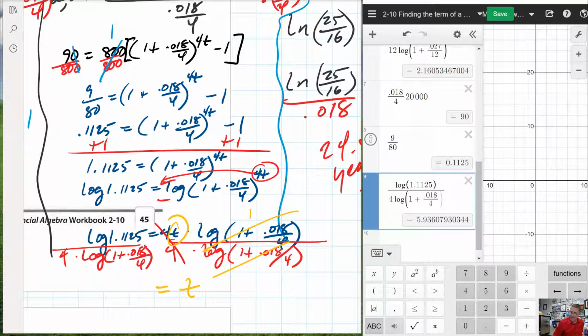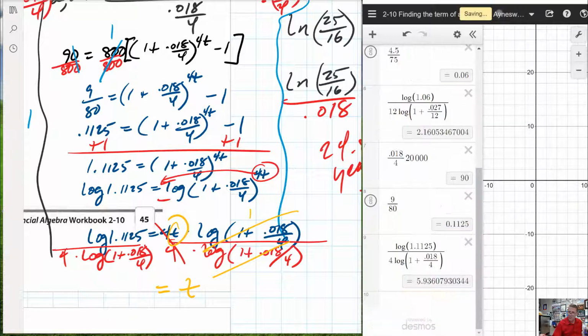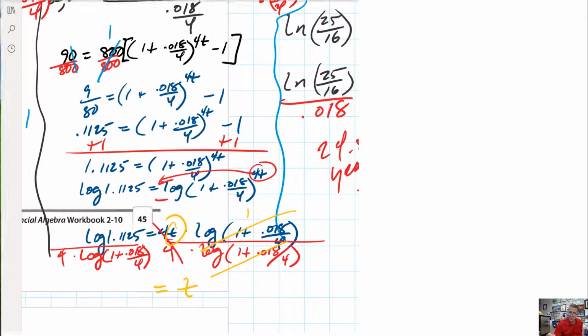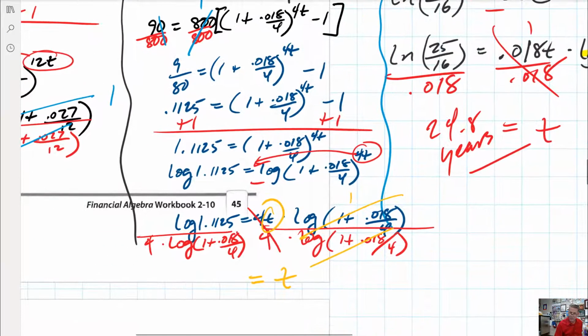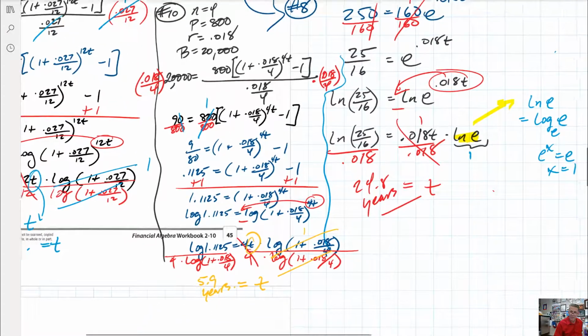And you get about 5.9 years. There we go. So that's it, my friends, 5.9 years. And that, my friends, was number 10.